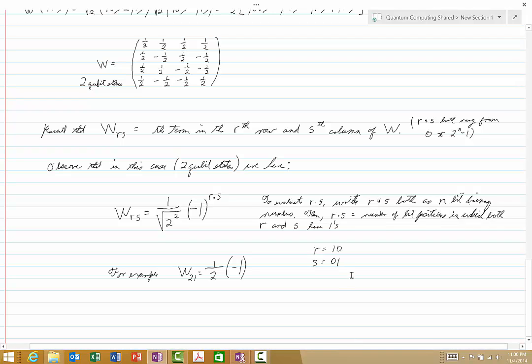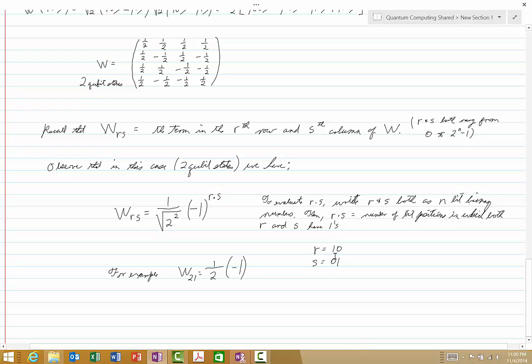And now, what is the number of bit positions in which both R and S have ones? Well, it's 0, because the 1 in R occurs in the first bit, but S has a 0 in that bit, and then the 1 in S occurs in the second bit, but R has a 0 in that bit.